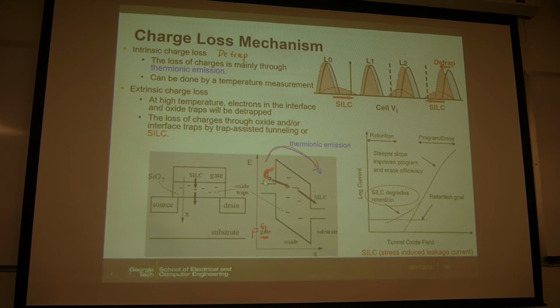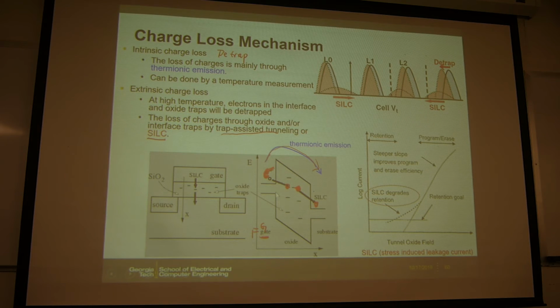So basically, electrons can jump like a stepping stone. So the tunneling distance will become less. So electron will first tunnel from here to here, and then to here, and then leak out. So this is like a stepping stone for the electrons to tunnel through. This mechanism is called the trap-assisted tunneling, or sometimes it's called the SILC, stress-induced leakage current.